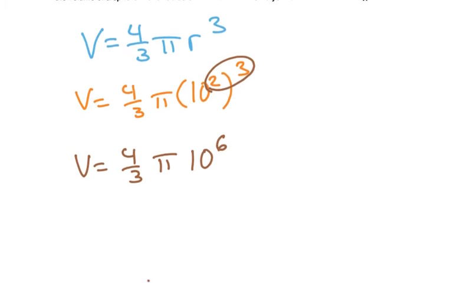And this is going to leave me with v equals 4 times 10 to the 6 over 3 pi. And I'm going to go ahead and just say that that's acceptable. I mean, if you wanted to go a little further, you could, but it's not really going to help you out that much to see the actual value because it's going to be ugly.